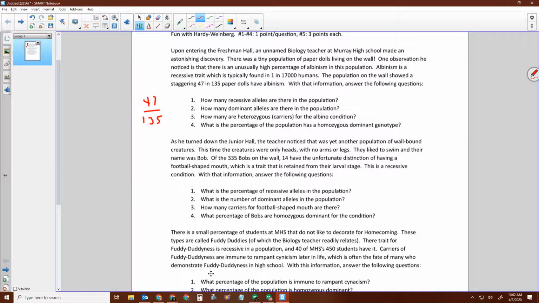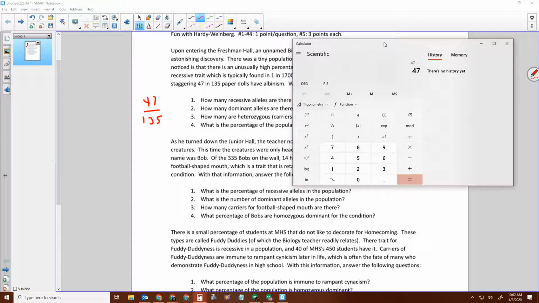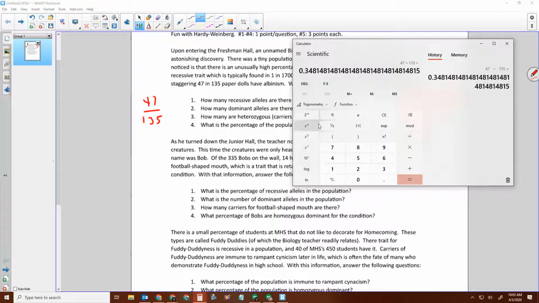And so if it's 47 out of 135, pull up my trusty calculator here, and we see that that is approximately 35%. We're going to round it up. So 35% is equal to Q squared. And so what does Q equal then? I learned how to do square root, I think. I did.